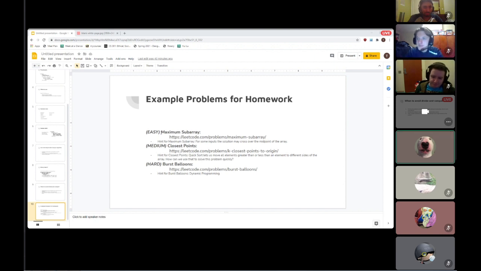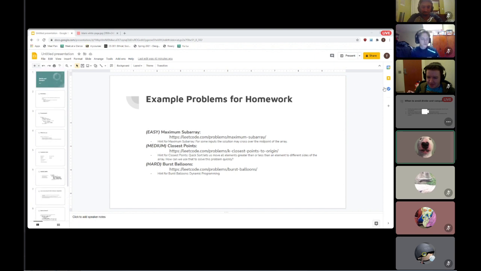It's also good for, well, binary search especially is good to know for interviews, because I've heard that's something that people like to ask. So if no one has any questions, I guess we're done here.